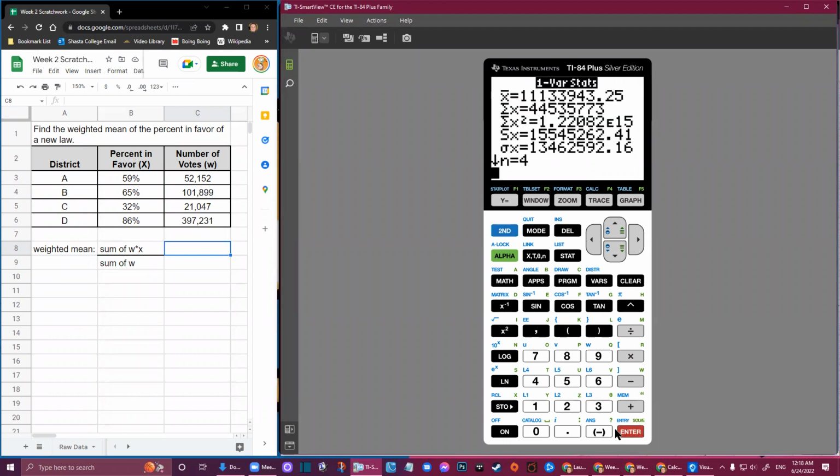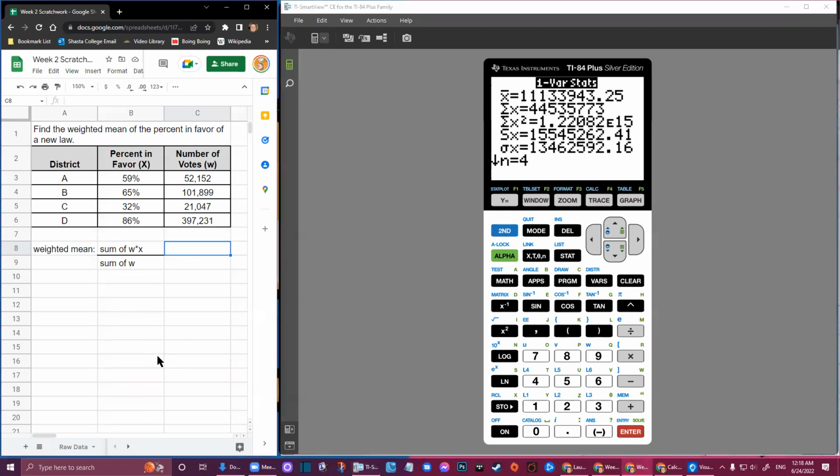And you'll notice that the second number it spits out is the sum of the values in that list. So I know the top of my fraction is 44,535,773. I can then do that same thing with list 2, which is where I put my weights.